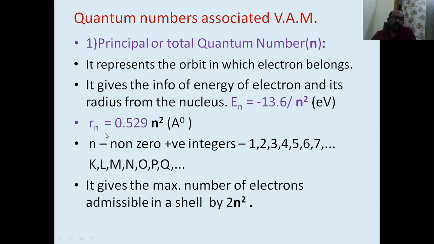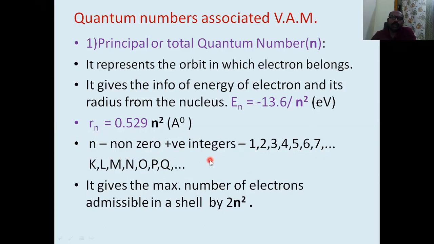Similarly, the radius of electron in nth orbit, Rn, is equal to 0.529 n square angstroms. n possesses the values non-zero positive integers: 1, 2, 3, 4, 5, 6, 7 and so on.